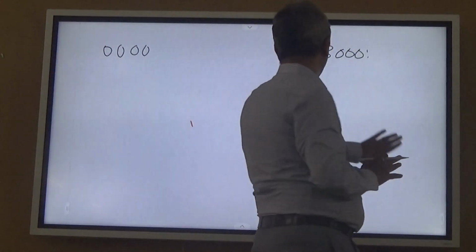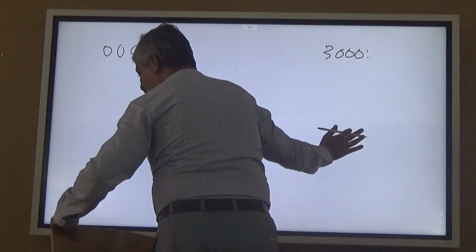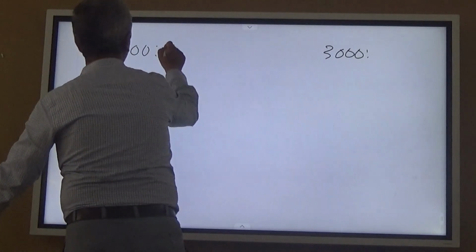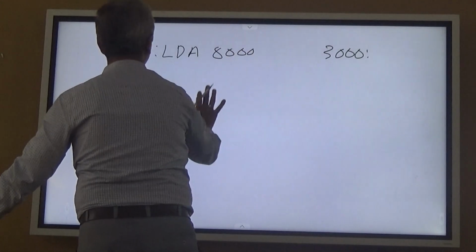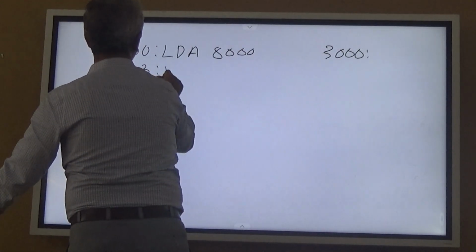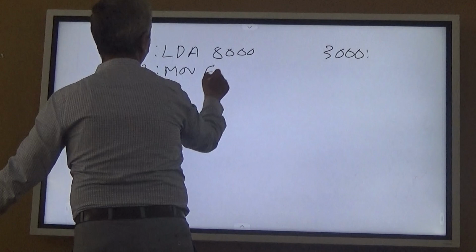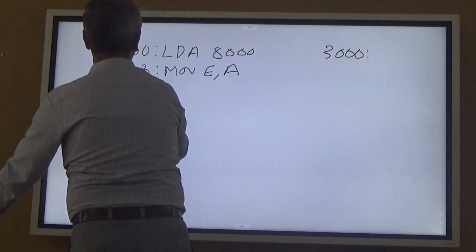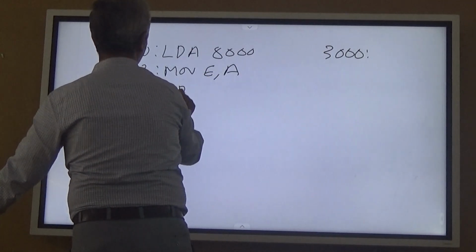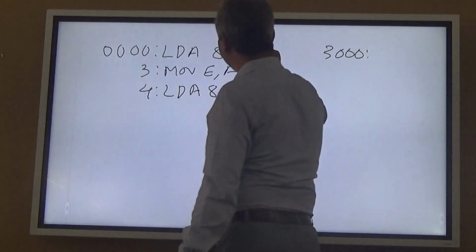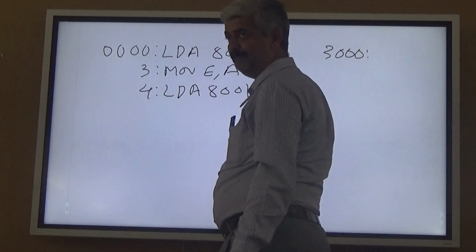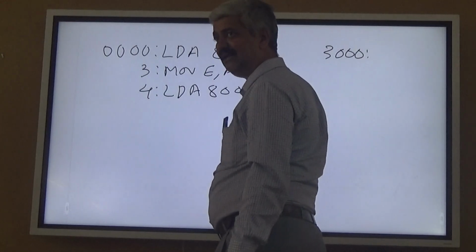So now what will I do? Initially, what multiplication do I want? LDA 8000. At 0003, move E comma A. LDA 8001. So L1, L2 are there.